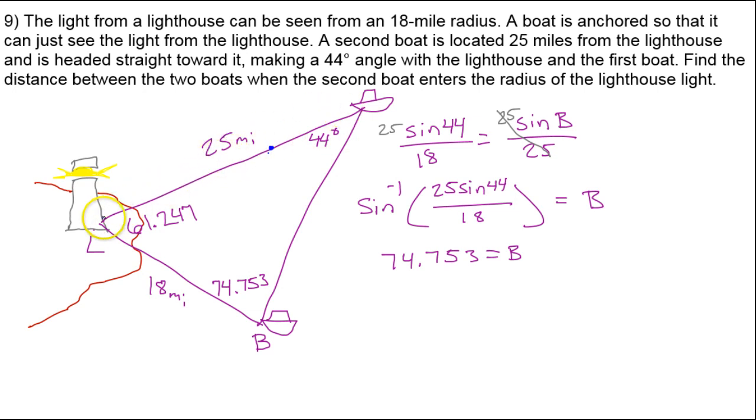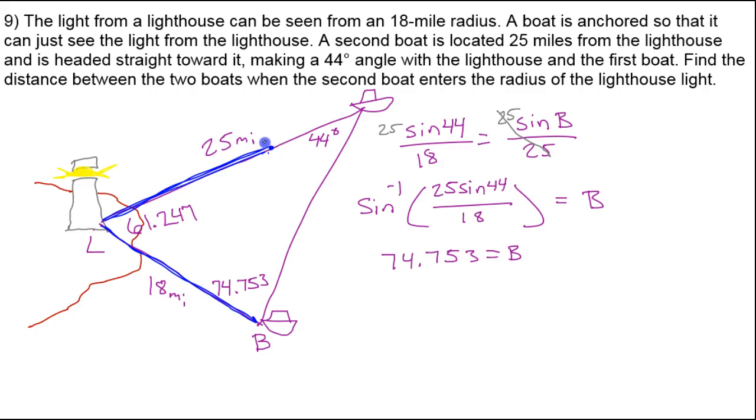But the radius of the light from the lighthouse is only 18. So this is the radius of the light from the lighthouse, which is the same as this, because the first boat was just barely able to see the light, so it was at a distance of 18.